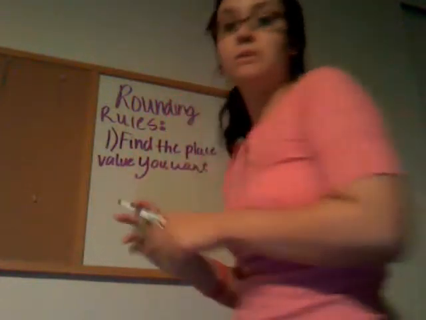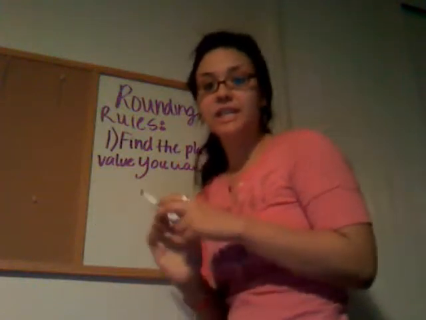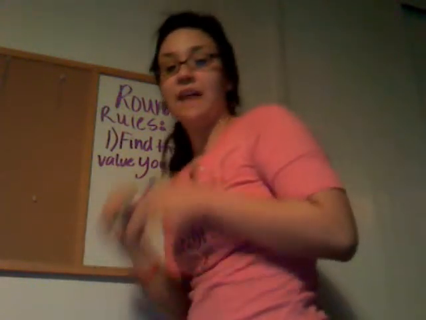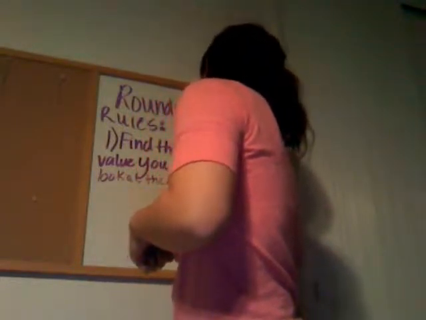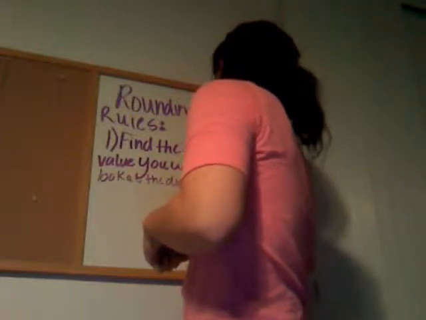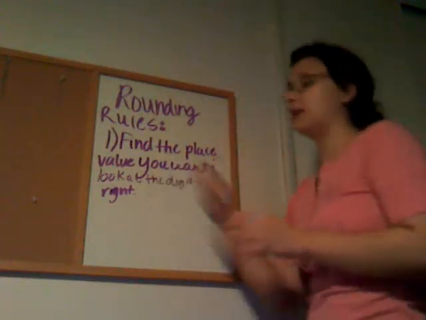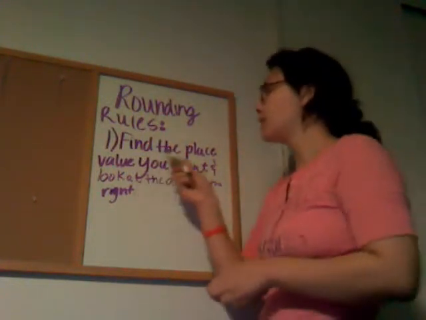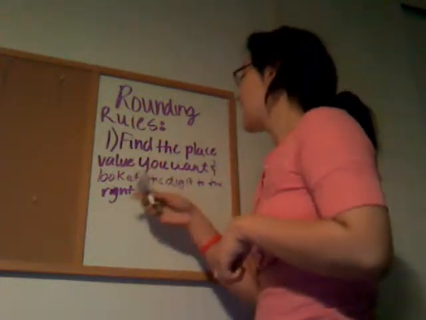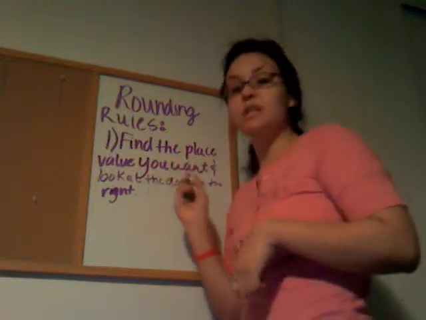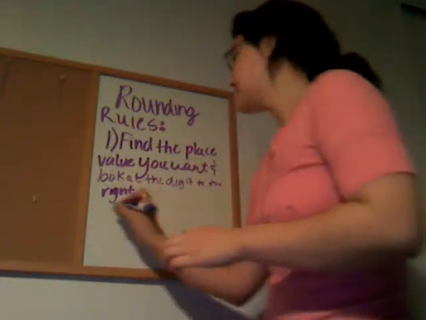In other words, find the rounding digit, and we're going to look at the digit to the right of it. On number 1, we find the place value, also called the rounding digit, and when we find it, you want to look at the number to the right of it. So that's number 1.